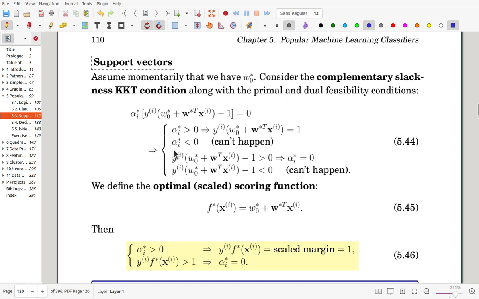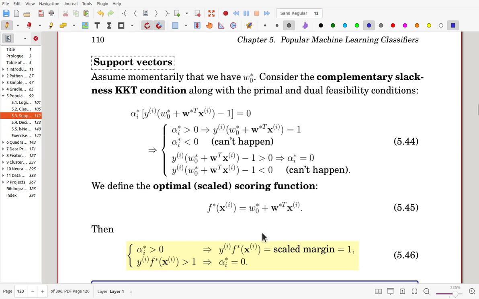But alpha i cannot be negative, because the dual feasibility does not allow alpha i negative. It must be non-negative. Now, if this portion is positive, then alpha i must be 0, and this cannot be negative because of the primal feasibility.